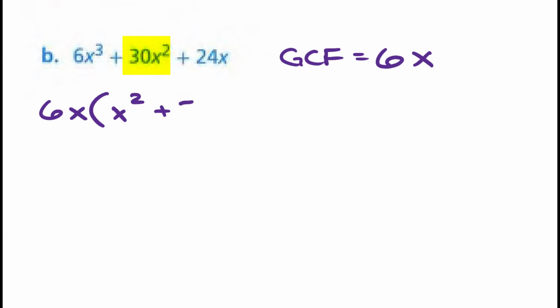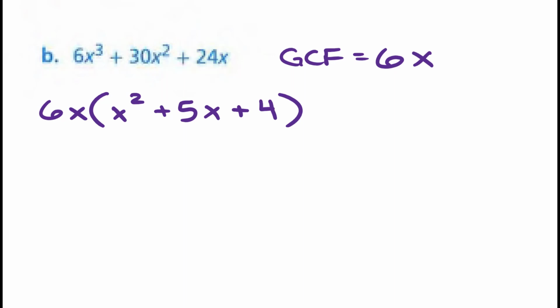Well, 6 times 5 would give me 30. Well, that's only 30x though, so I need one more x. 6x times 5x gives me 30x squared. And then the last term, 6x times what would give me 24x? Well, that's just 4. 6 times 4 gives me 24, and we already have the x.